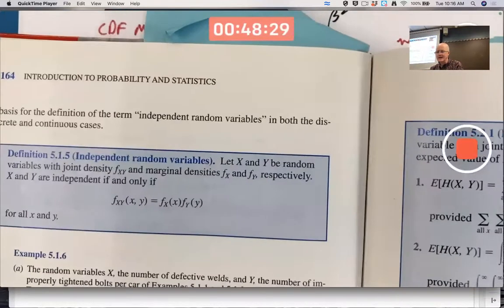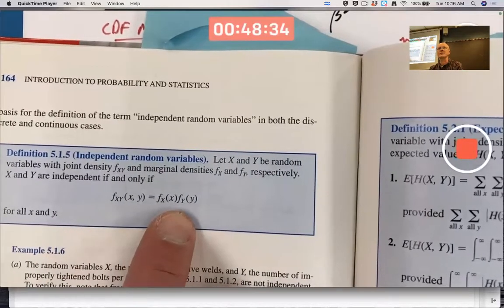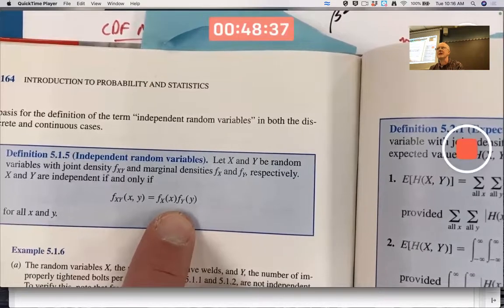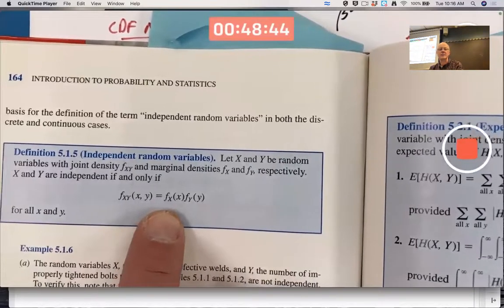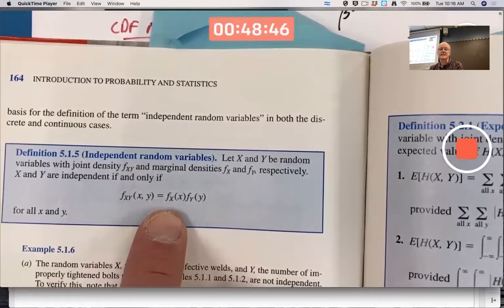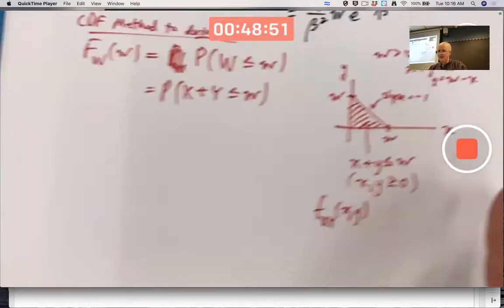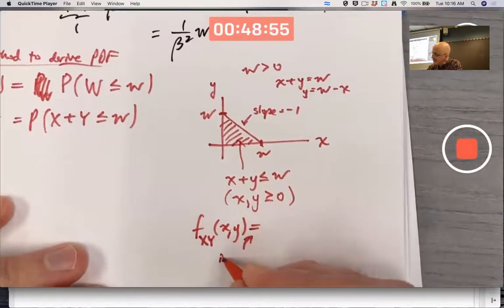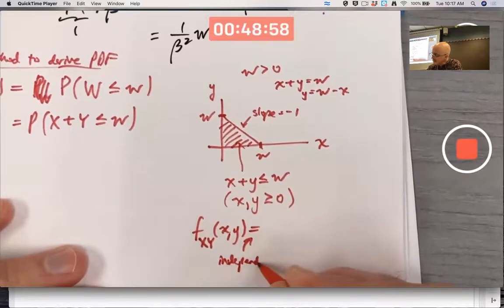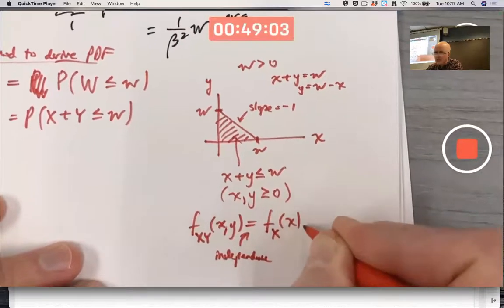X and y are independent if and only if the joint density is the product of the marginal densities. That was a true false question written in words, and the answer was true. That's the definition of independence, not a theorem to prove. This is what independence means, and so I'm going to use that here. This will be the product of the marginal densities of x and y individually.